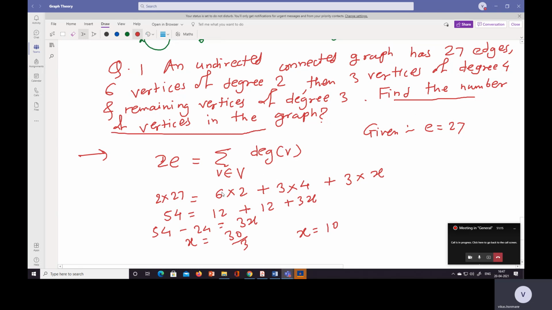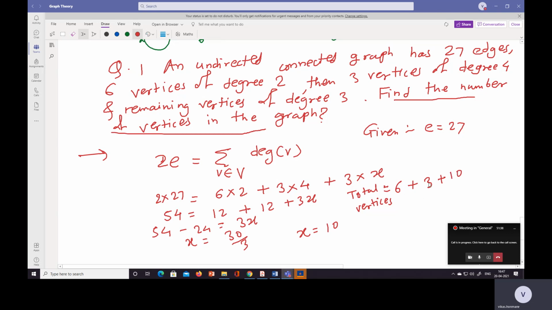So to get the answer we need to compute the total vertices. Total vertices is equal to 6 vertices of degree 2 plus 3 vertices of degree 4 plus 10 vertices of degree 3.